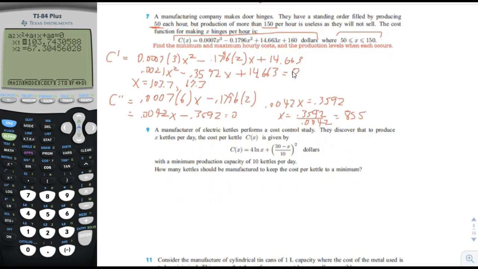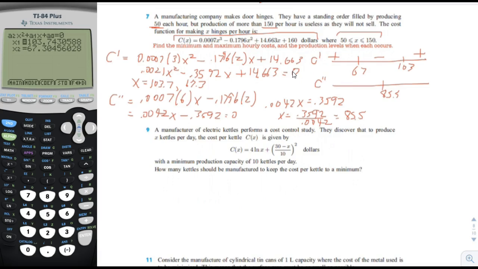So let's draw a sign diagram for both. In one of them we have 67 and 103, and the big positive number gives us a positive, and this big negative number gives us a positive, and in between we're going to have a negative. That's for the first derivative. The second derivative, at 85, we're going to have the inflection point.